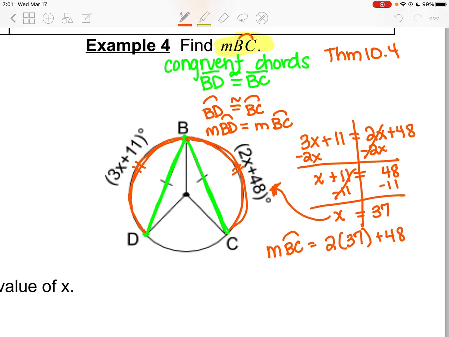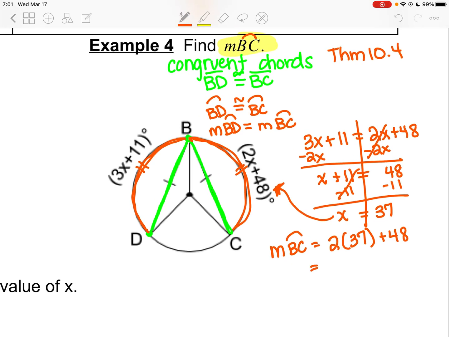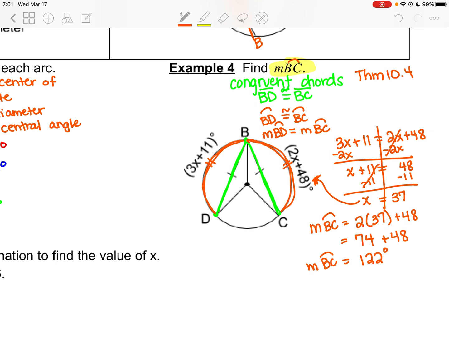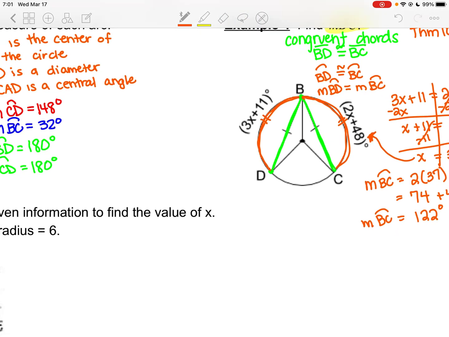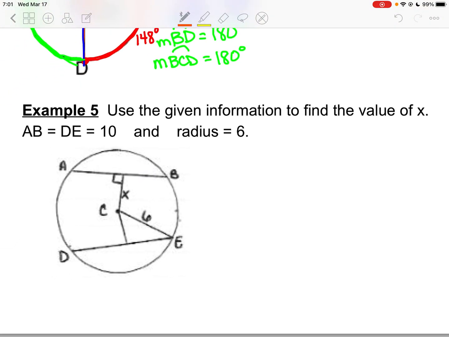As I solve through this, I want to make it in simplest form. So 2 times 37 is 74, and then 74 plus 48 is going to give me 122. So the measure of arc BC is 122 degrees. We do want to make sure that we are solving the question that's asked.